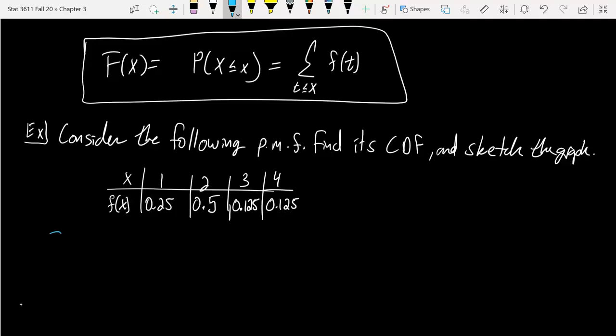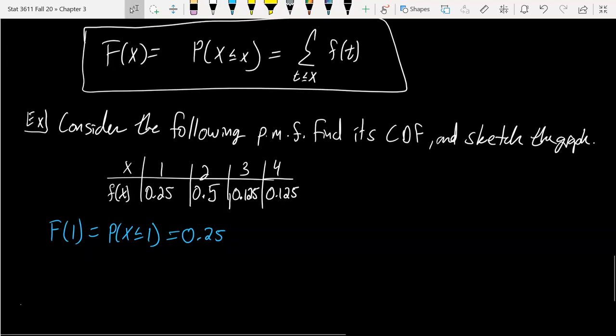So we could start with capital F of 1, okay? Now, capital F of 1, by definition, is the probability that X is less than or equal to 1, and in this case, that's just 0.25, because the probability that X is equal to 1 is 0.25, and we don't get anything below that.